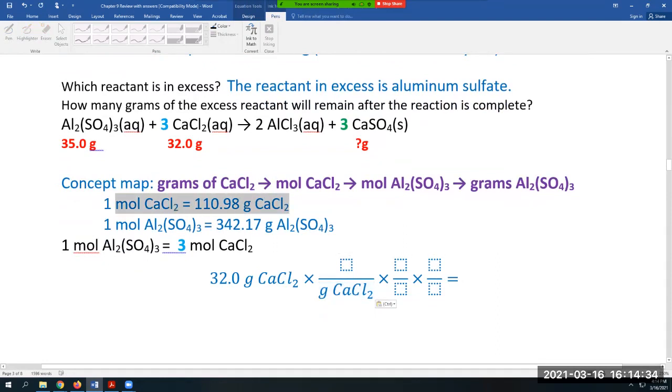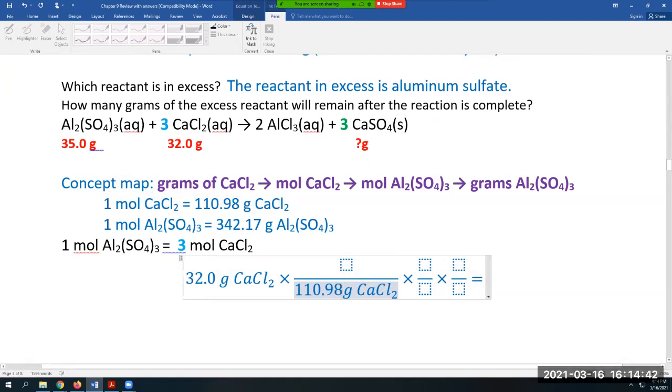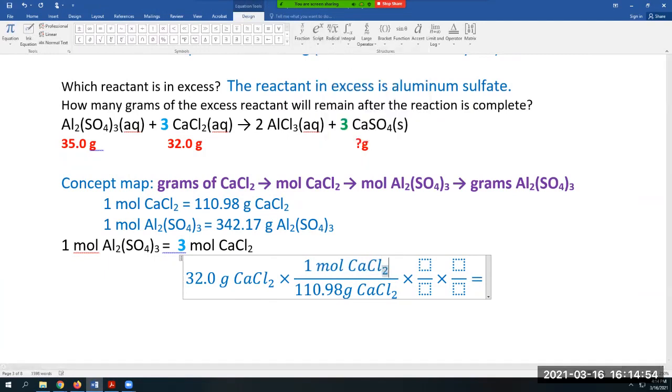The first conversion factor uses the molar mass of calcium chloride: 110.98 grams of calcium chloride for 1 mole of CaCl2. So that changes the grams of calcium chloride to moles.